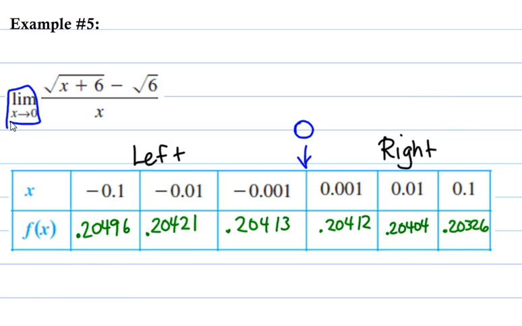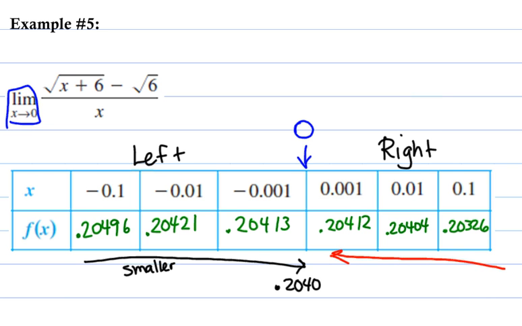Starting from the left, heading towards 0, I see I have 2049, 2042, 2041. They're getting smaller. And they seem to be getting closer to 20, let's say 40. From the right, start here and head here.